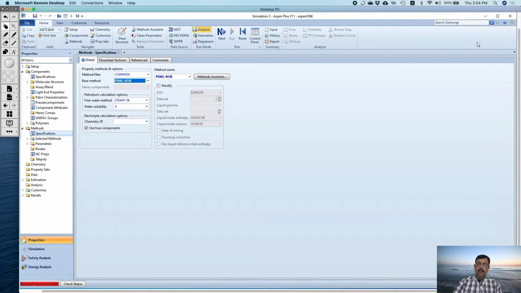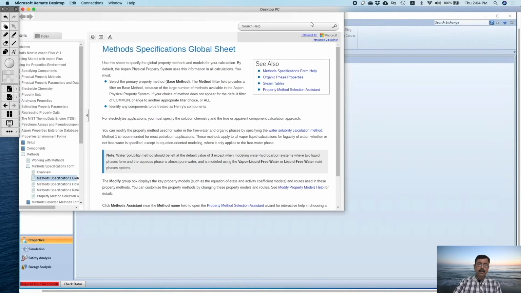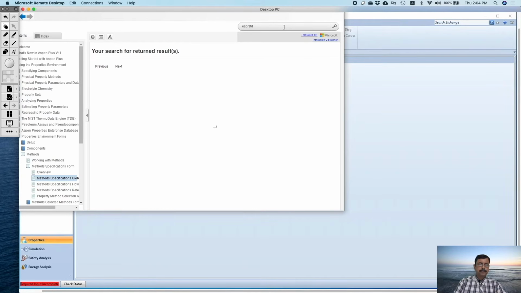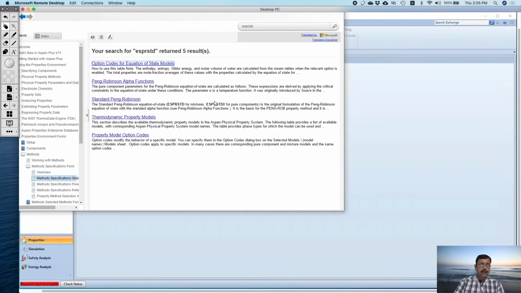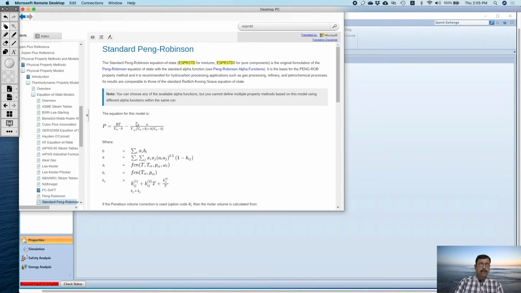So just go to help and type ESPRSTD here. So here you see, ESPRSTD is the standard Peng-Robinson method. So this is the standard Peng-Robinson equation for this model.